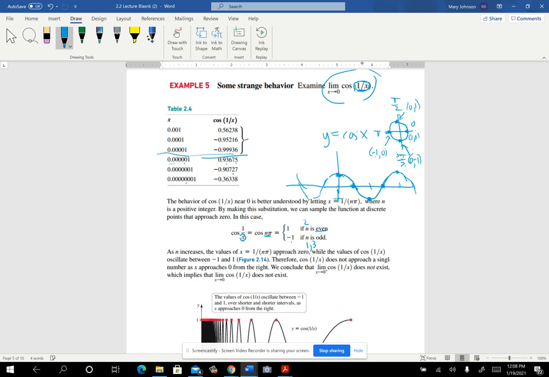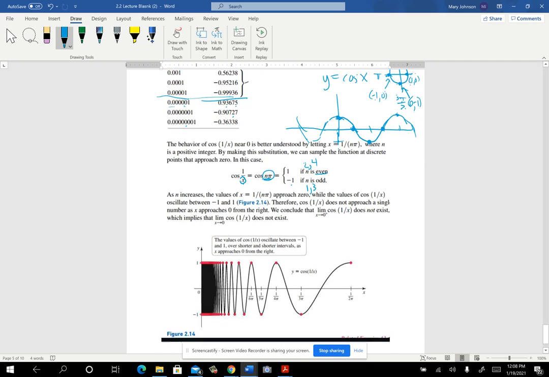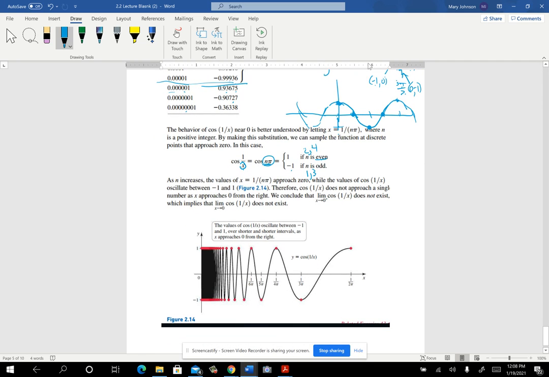And if you go to 4 pi, you're back over to here. So when n is 2 or 4 or 6, you're going to be up at +1. By making that substitution and using it, they were able to get you to see what's really happening.